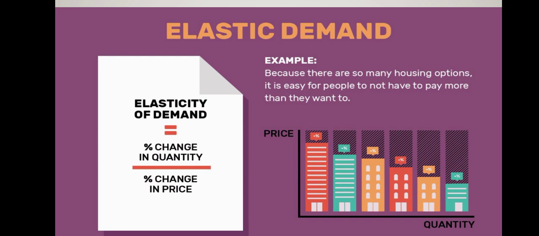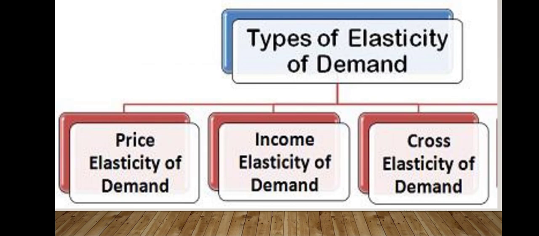Therefore, elasticity of demand is the percentage change in quantity demanded due to the percentage change in price. Elasticity of demand is studied as three types: price elasticity of demand, income elasticity of demand, and cross elasticity of demand. These are the three types of elasticity of demand.